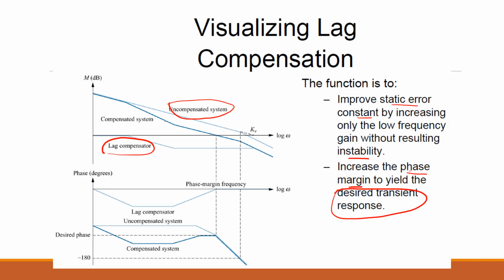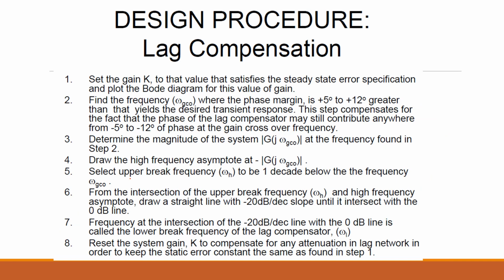Again, to sketch the compensated system, we need to consider the desired transient response from the desired phase. So in this case, we will need to find the new desired phase. Now let's see the procedure of how to design the lag compensator.